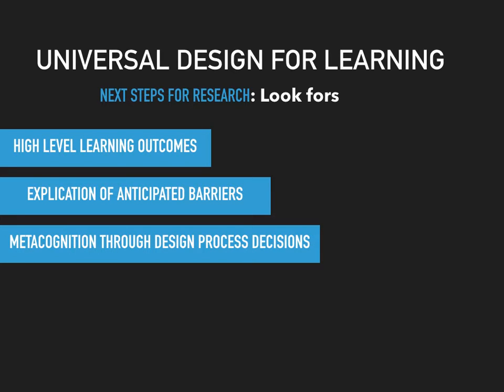Because UDL occurs, for lack of a better word, throughout the design process, the delivery just explicates what has already been designed. You want to see in research papers of UDL, where were we going? What did I anticipate as far as barriers? How did I design assessment and or learning experiences that would address those anticipated barriers?